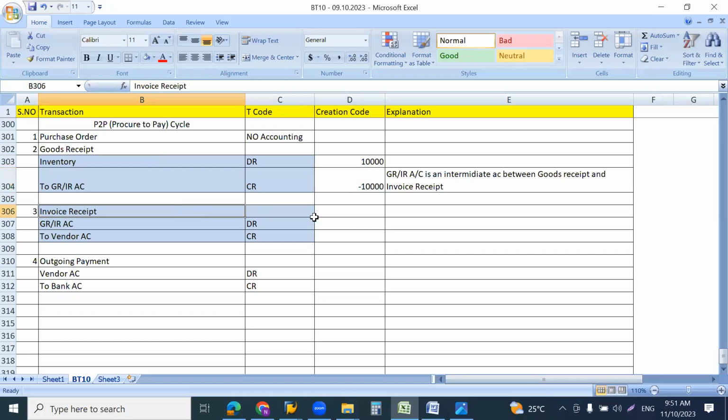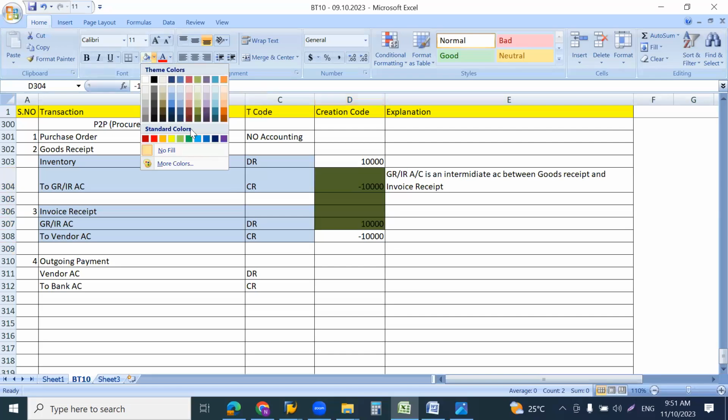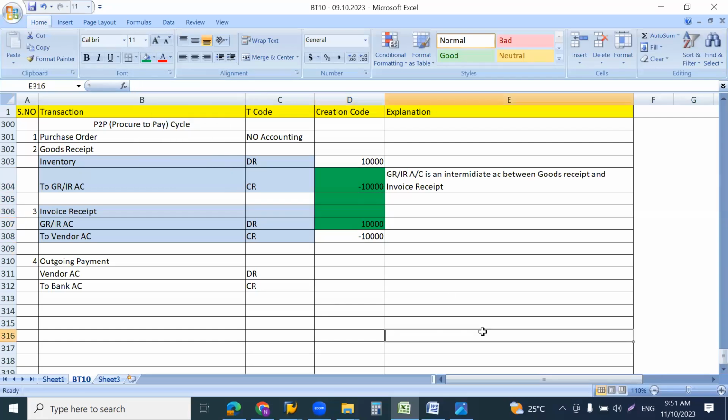Second accounting entry, the GRIR account will be 10,000 and the inventory account will be minus 10,000. So here these two accounts will get nullified, and the GRIR account balance will become 0.